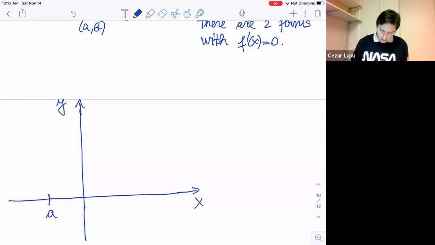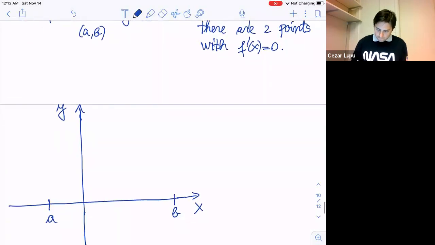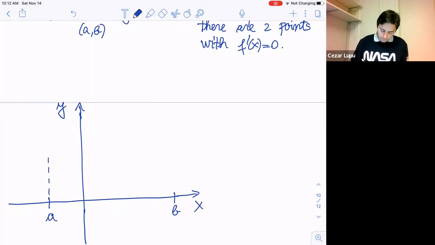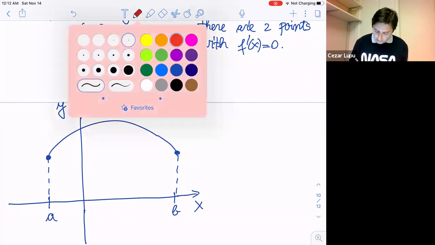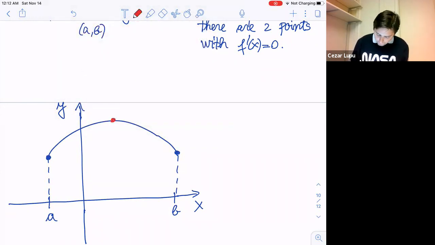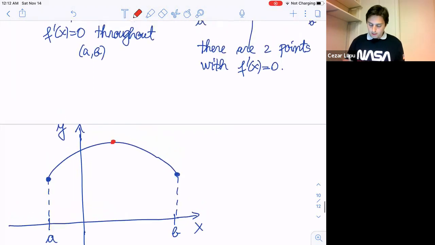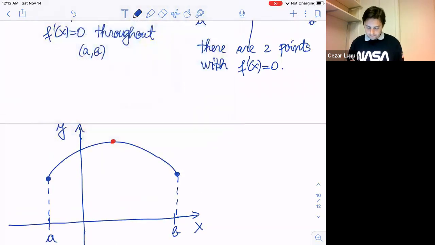So here I have A, here I have B. And let's say the graph goes like this. Okay. And as you can see, in this case, there is only one point.